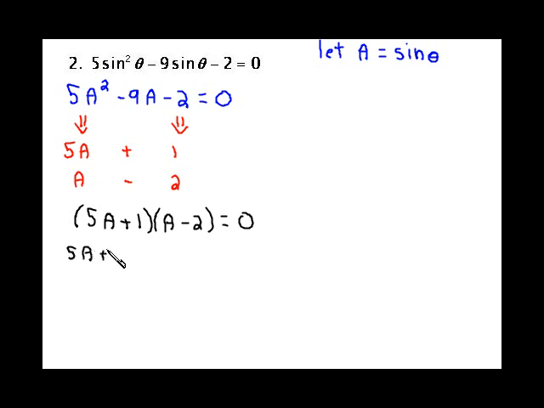Now we set them equal to 0, and you've been here many times before. You'll get a is equal to negative 1 over 5, or a is equal to 2.